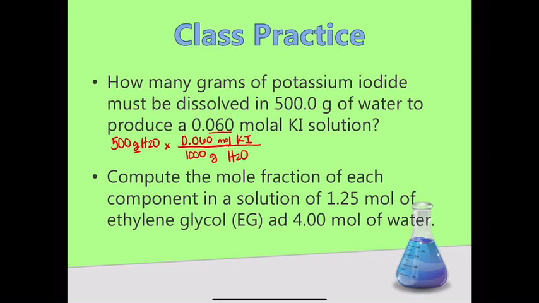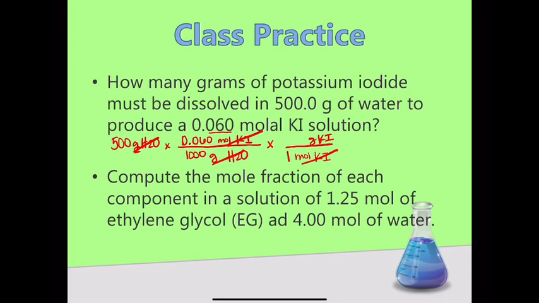And then times, we're going to have to know the molar mass. So 1 mole of KI, we need that on the bottom so we can cross out. I've already been able to cross out these. Is how many grams? Well, I have to add that up on my periodic table.